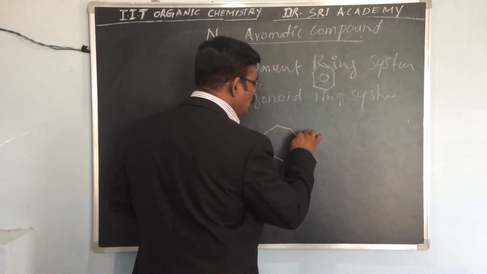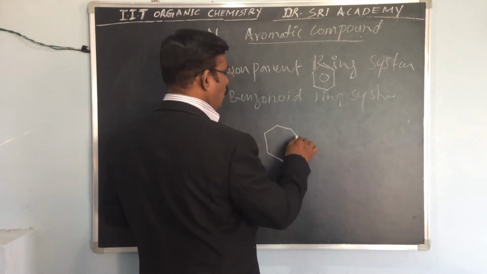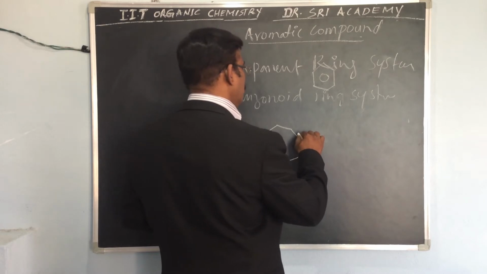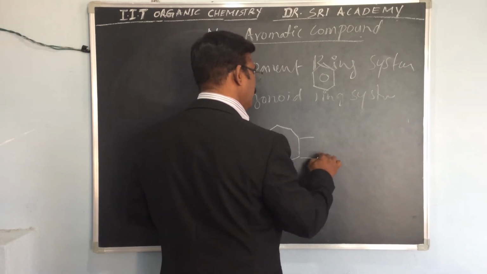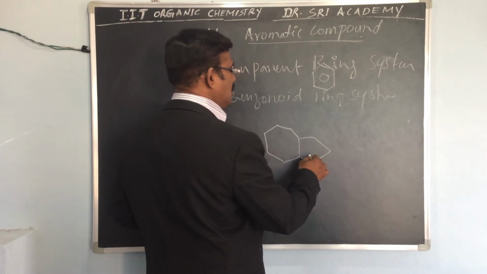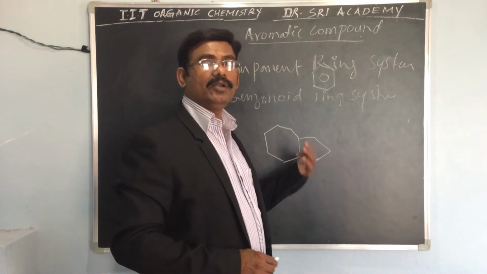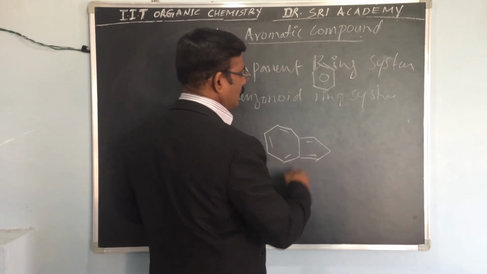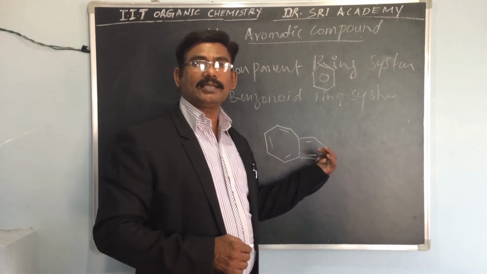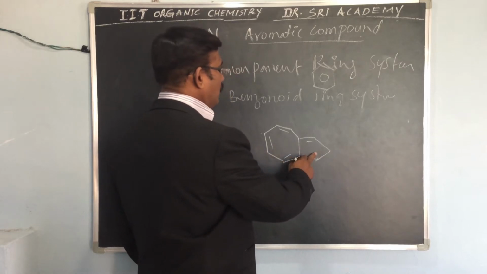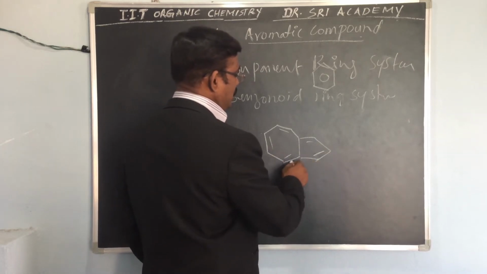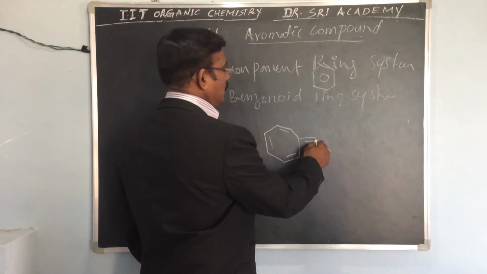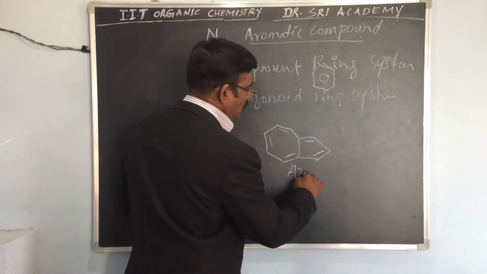Azulene is like this: 1, 2, 3, 4, 5, 6, 7, then the five-membered ring. This is the azulene compound, the structure of it.